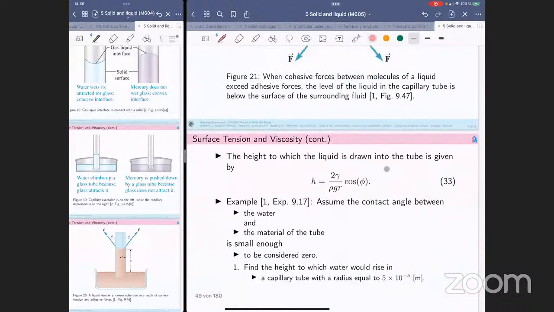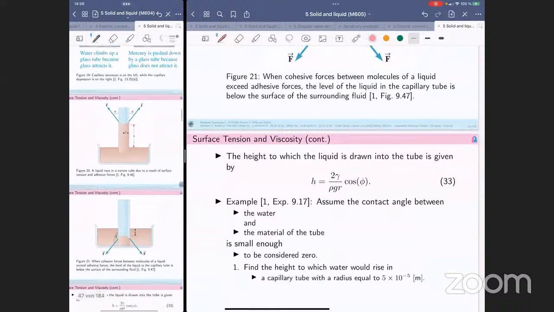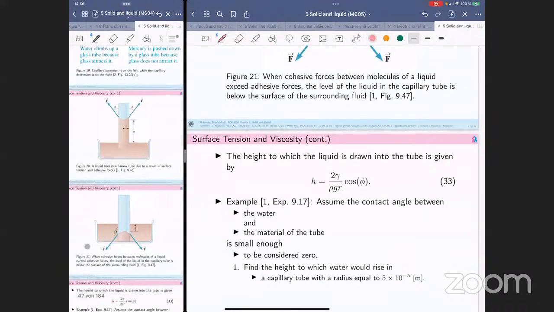For both cases, whether it's water or mercury, the unknown quantity is h, the height here. And if you would like to determine or calculate this height, you may use this formula. Okay, the scientists have discovered this relation.